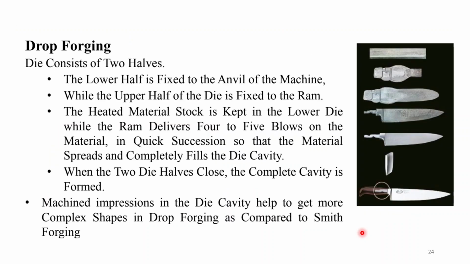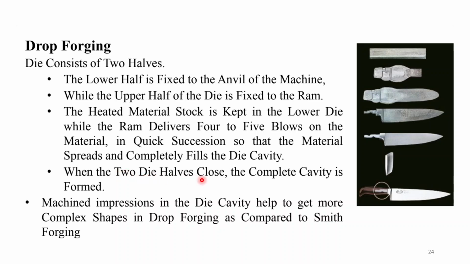Next is drop forging. In this case, the die consists of two halves, and the lower half is fixed to the anvil of the machine, while the upper half of the die is fixed to the ram. The heated material stock is kept in the lower die while the ram delivers 4 to 5 blows on the material in quick succession, so that the material spreads and completely fills the die cavity.